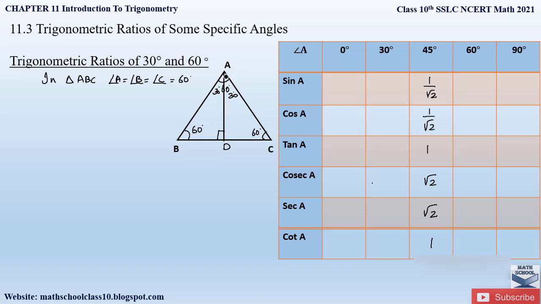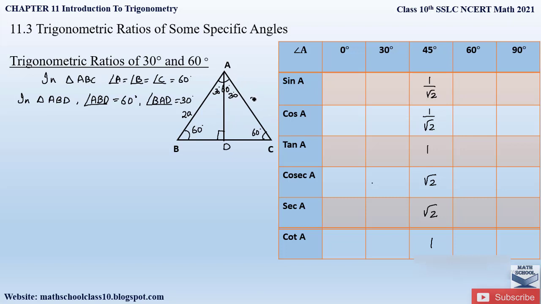So now consider a right angle triangle ABD, which is right angled at D, and our angle ABD will be 60 degree and angle BAD will be 30 degree. Now since ABC is an equilateral triangle, suppose we assume side AB to be 2a, then all the three sides will also be equal to 2a, right?